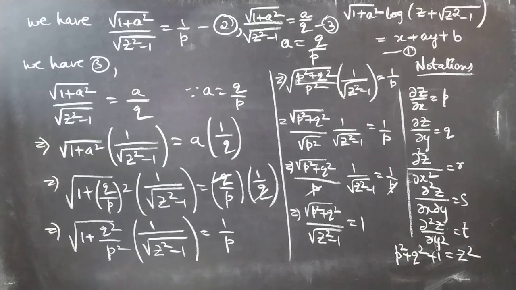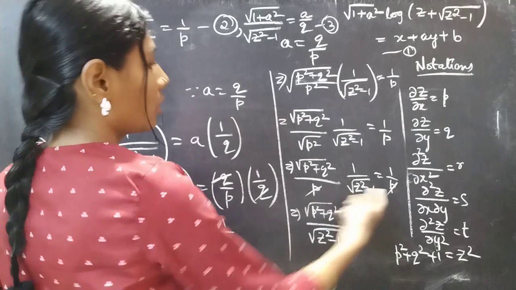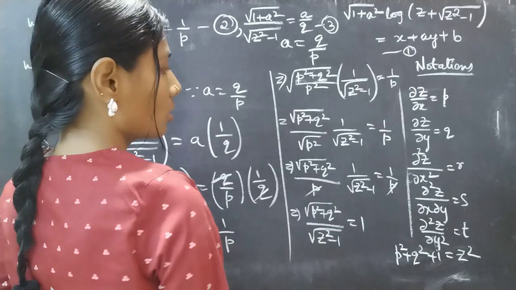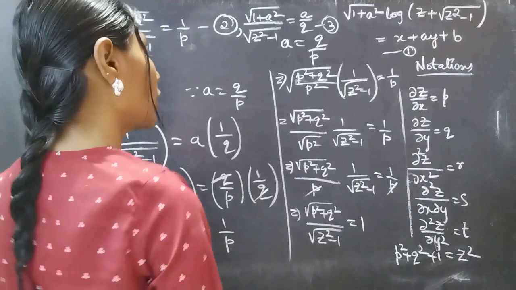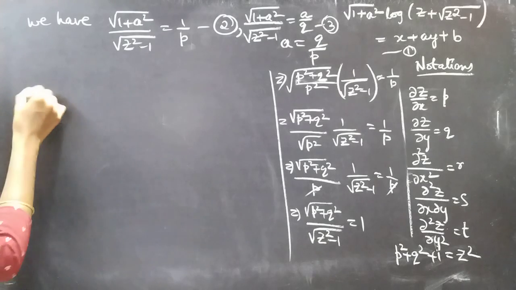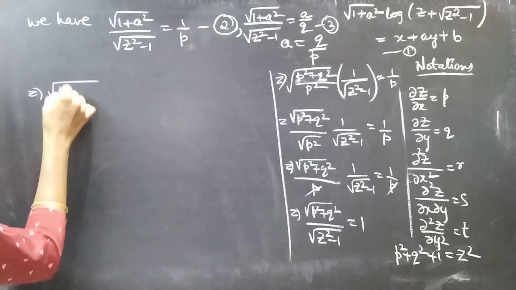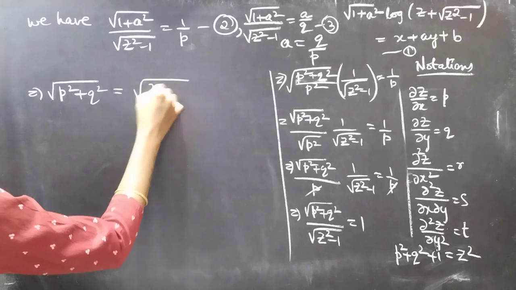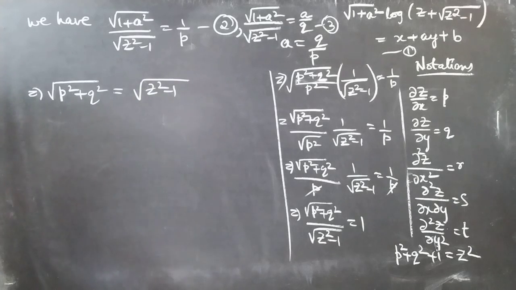Okay, or if you are confused to cancel p here, just take this p to RHS, then you will get p by p. There you can cancel it out easily. This gives us square root of p square plus q square equal to square root of z square minus 1.